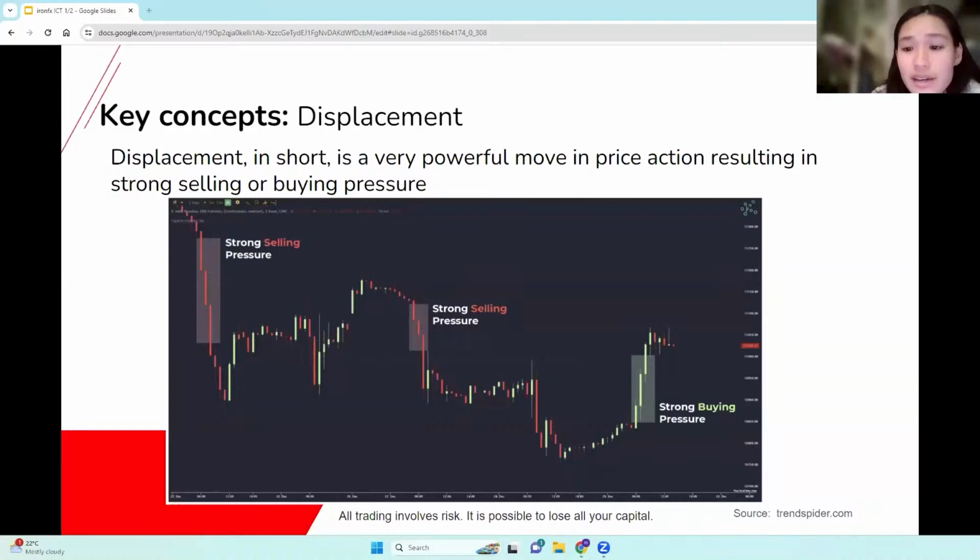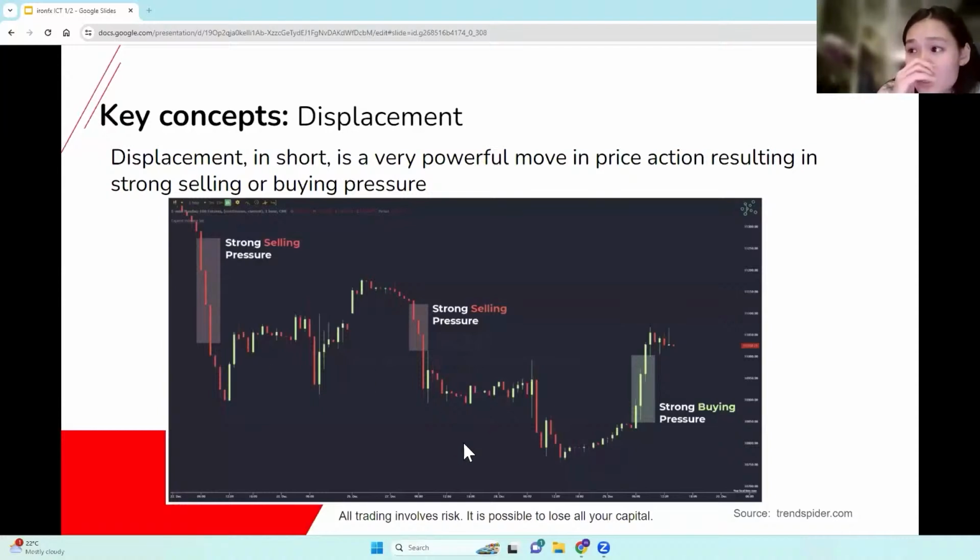These candles typically have large real bodies. You can see in the image here, strong selling pressure would look like these candlesticks, which have large real bodies and very short wicks, and that suggests there is very little disagreement between buyers and sellers.